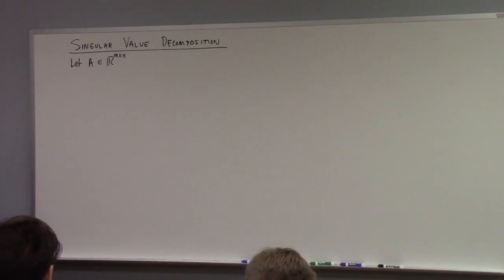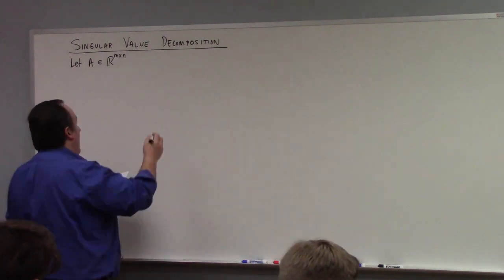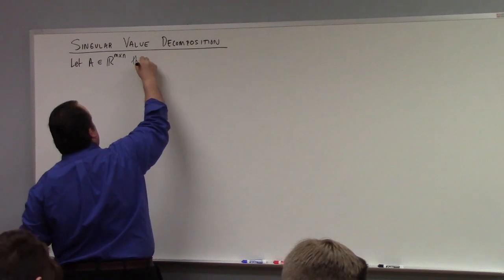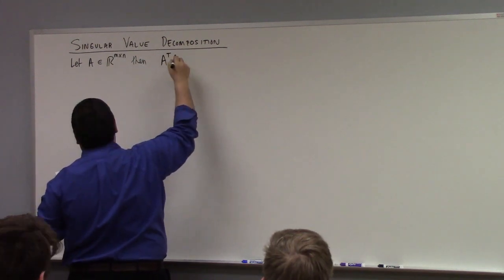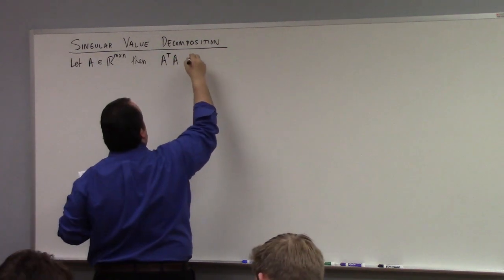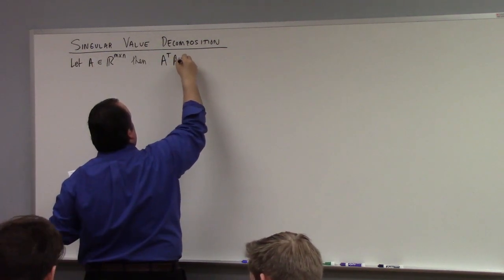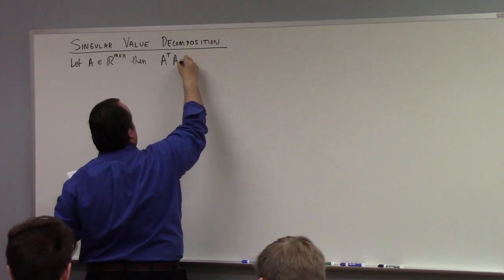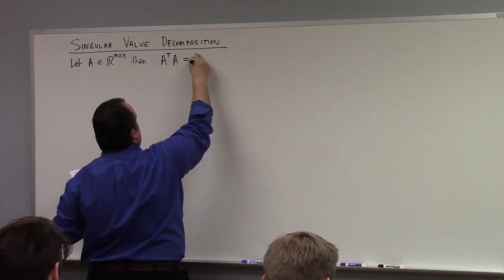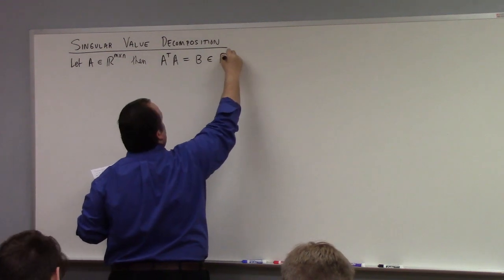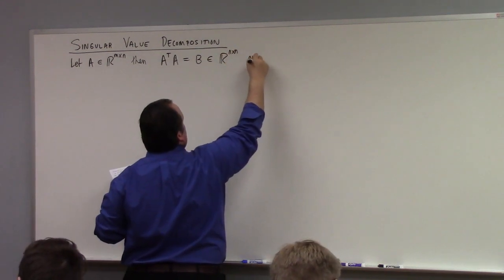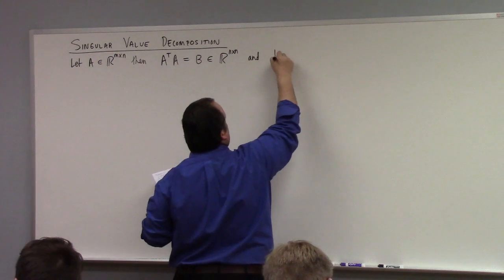So we start with the matrix, and one of the key ideas is to notice that A transpose A, for the sake of convenience I'm going to call that B, is an n by n matrix. And what can you tell me about B transpose?